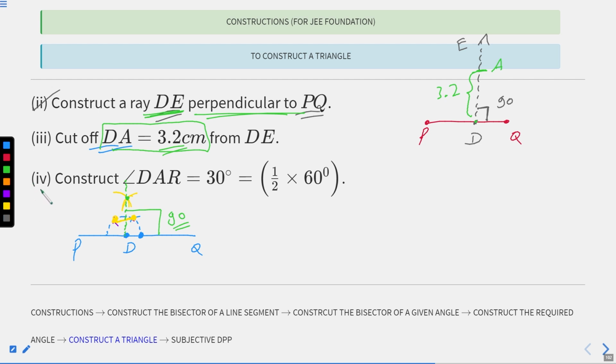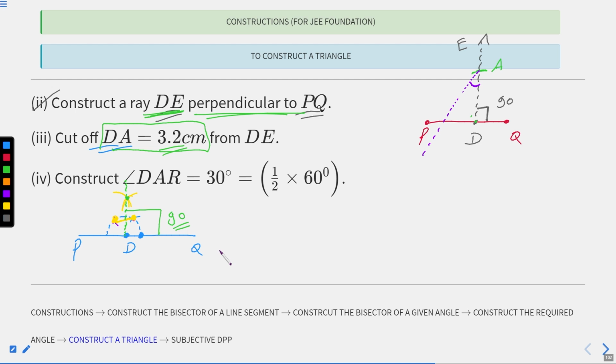Now in the fourth step, the angle DAR. So the angle I am talking about is this DAR. I have to construct such an angle which is of 30 degree. So like this, I have to make an angle here of 30 degree. So how are we going to do it?